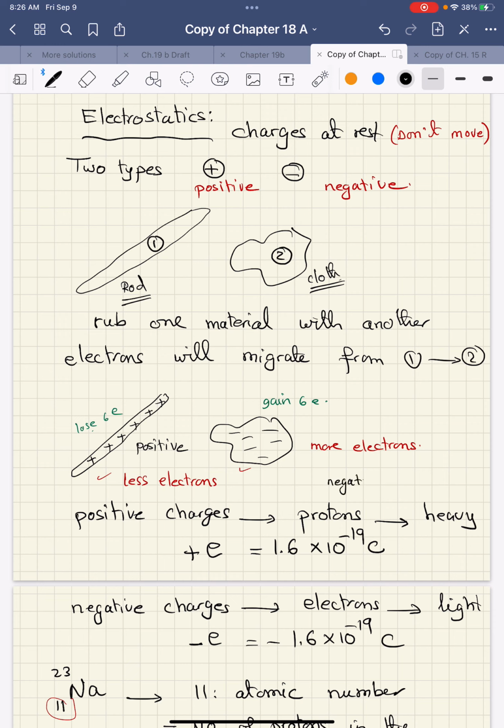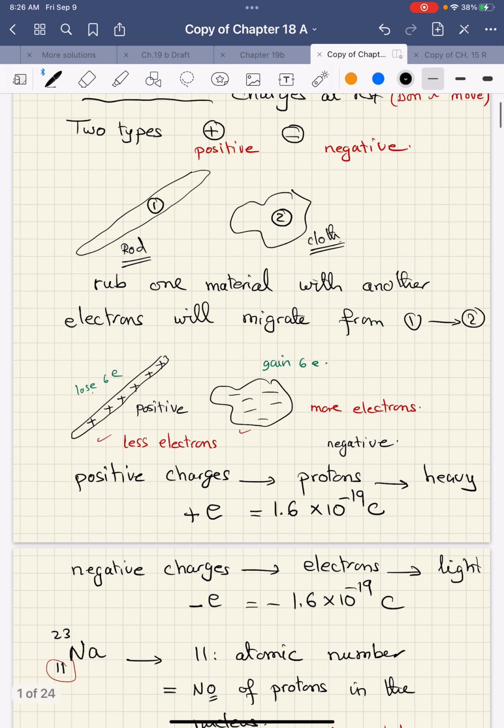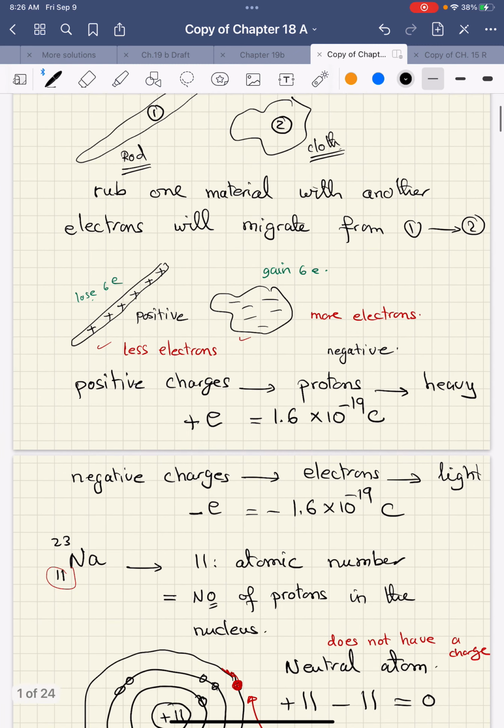Now, positive charges inside the atom are called protons. They are pretty heavy compared to the electrons. One charge is 1.6 × 10^-19 coulomb.